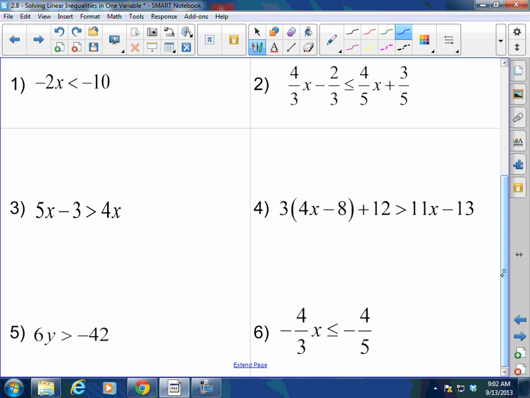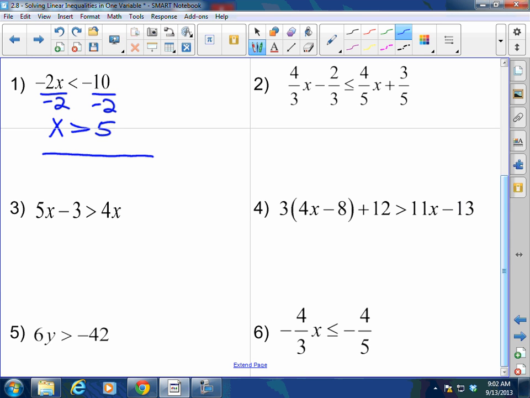So how do we solve for number 1? Negative 2 is being multiplied to x, so divide by negative 2, but I'm dividing by a negative, so I have to flip. Thank you. So x is greater than 5. I'm always going to ask you for the inequality, the graph, and the interval until you've mastered this.